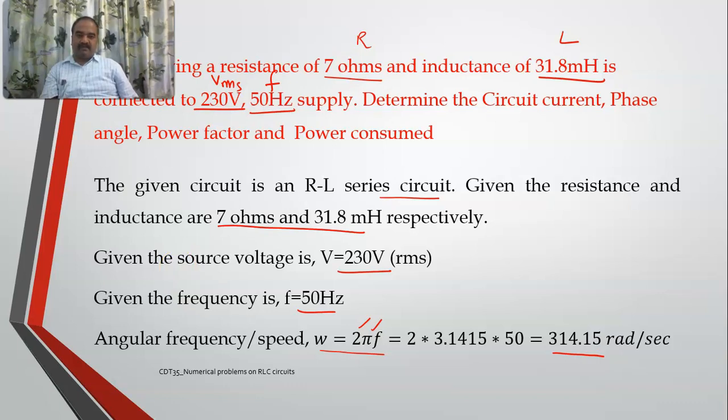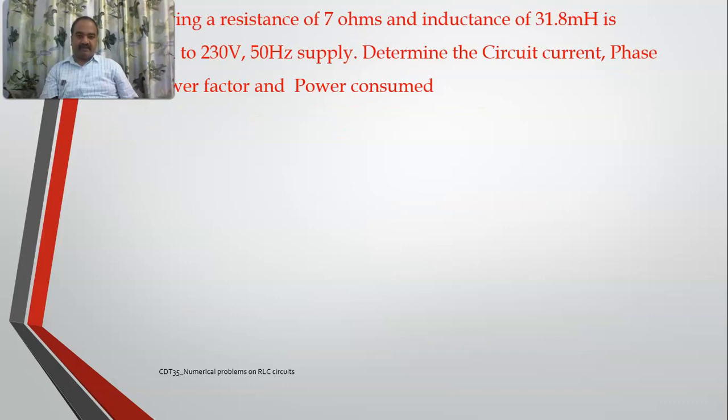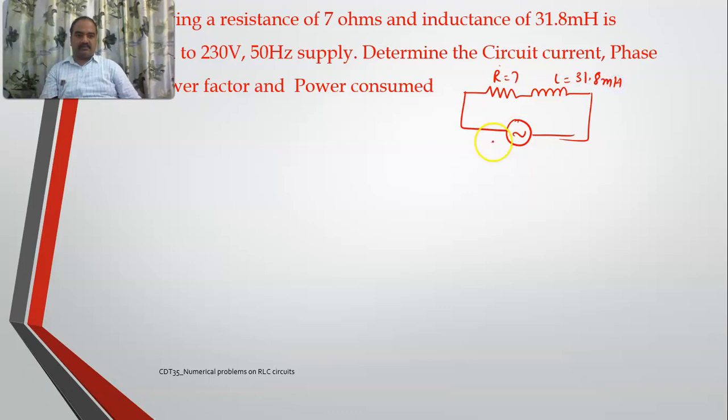Now once we do have this, we will proceed to each and every factor. The first one is the circuit current. So let me draw the figure again. This is my resistor and this is my inductor. This is R, this is L, and this is my 230 volts 50 hertz, where omega is 314.15.